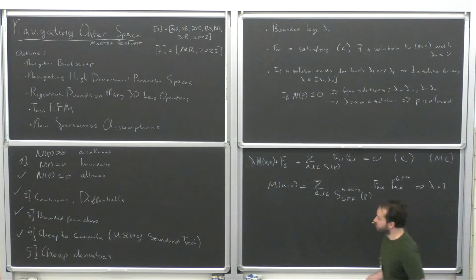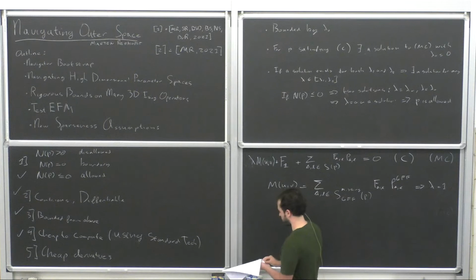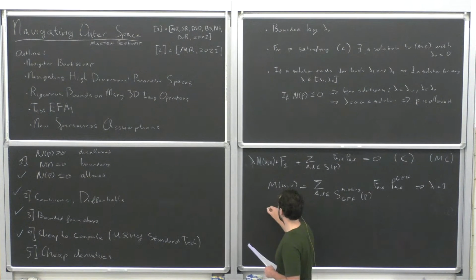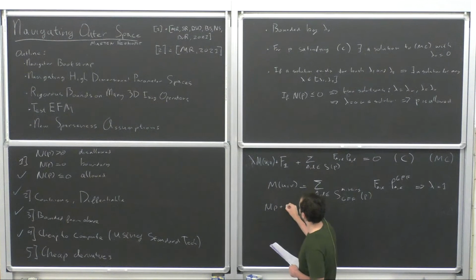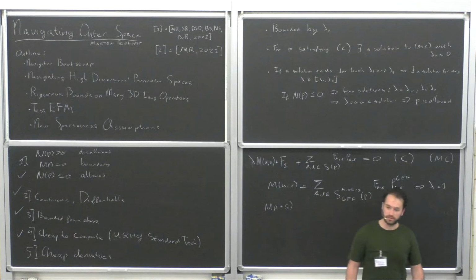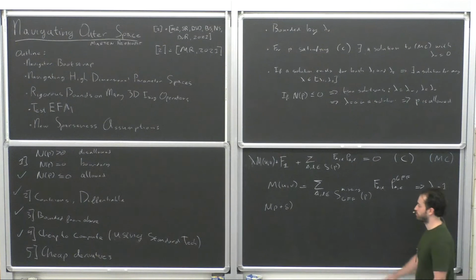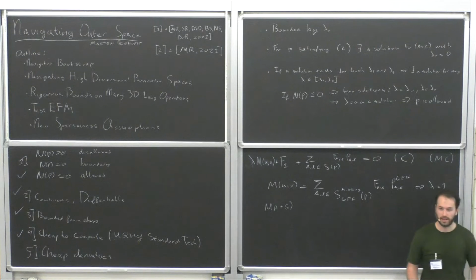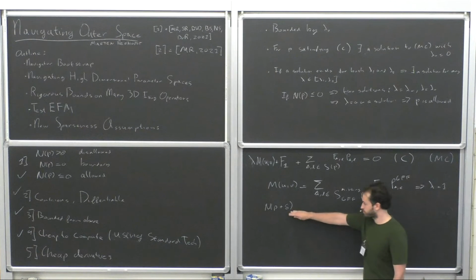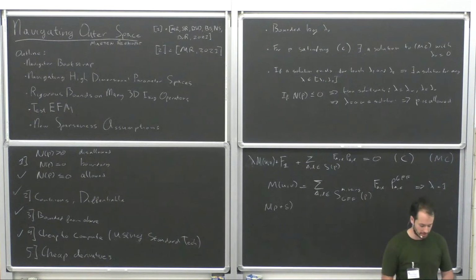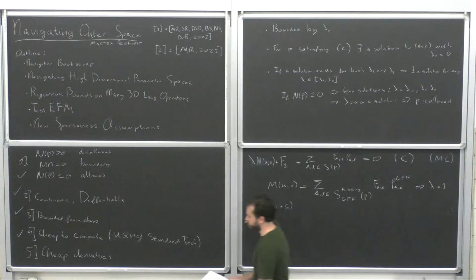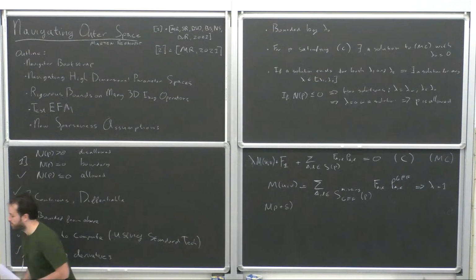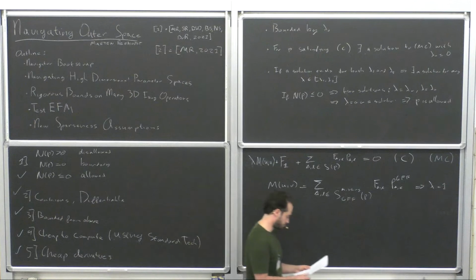Because of this, you can show that if you have computed the minimal lambda for some value of the input, then you can compute the small variation for free by only computing the change in the input, and you don't need to run SDPB again. You don't need to run the optimization again. So we also have this property that the gradient is cheap to compute.